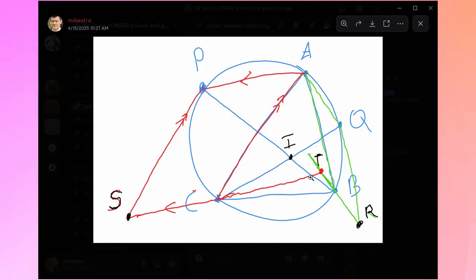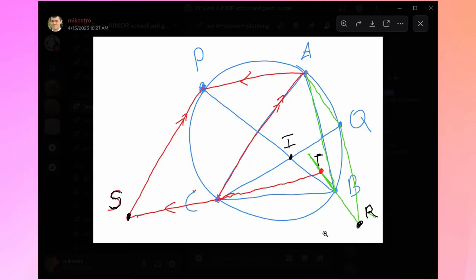And then in the question, the angle bisectors get extended to the circumcircle, right? Then you get points P and Q. S and R are then defined next to be points that make PAC a parallelogram, and R is a point that makes BAQ a parallelogram.